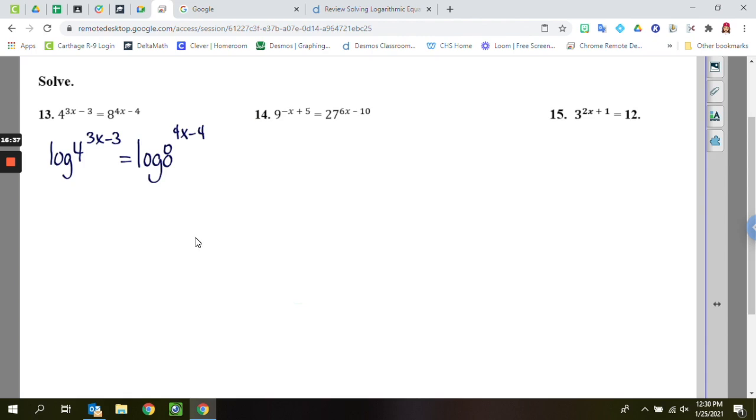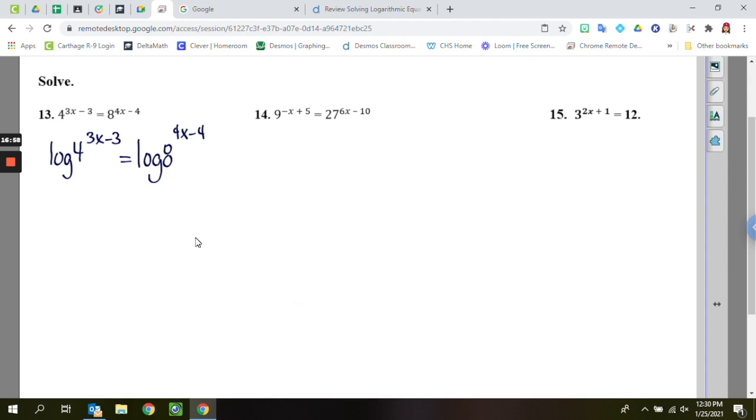to both sides. And using my properties of logarithms. Now granted, is that the easiest way to work this problem out? Probably not.